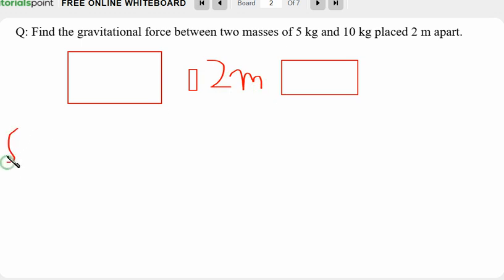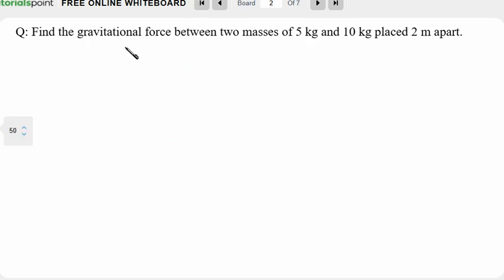So according to the force of gravitation, the gravitation constant is about 6.674. Sorry, there was a connectivity problem, so now I can resume.